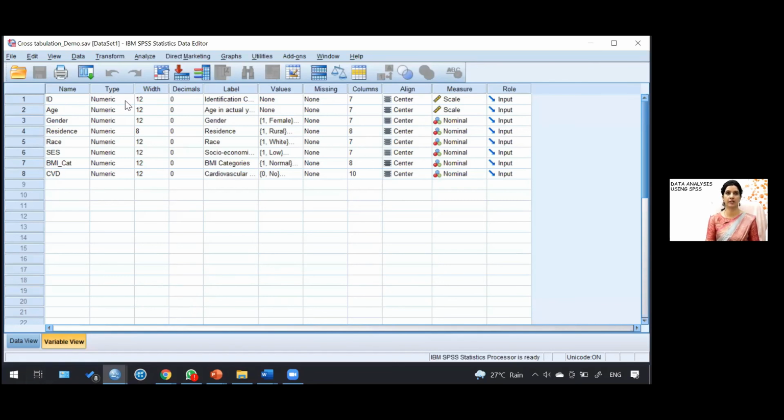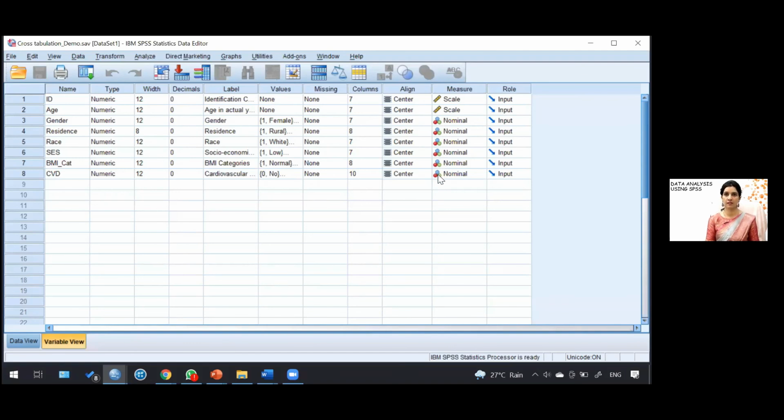First is the ID of the patient, then the age of the patient. Here you can see the labels: identification code, age in actual years, gender. Decimals are zero, since all the values are in categories. None is a continuous variable except age; all the others are of nominal type.